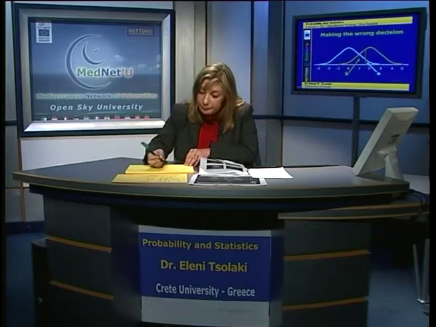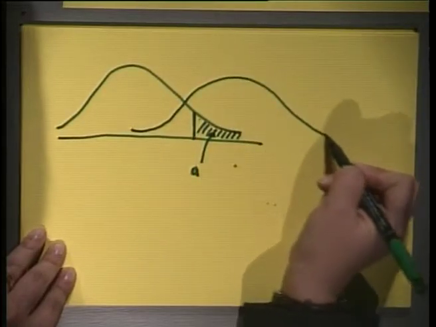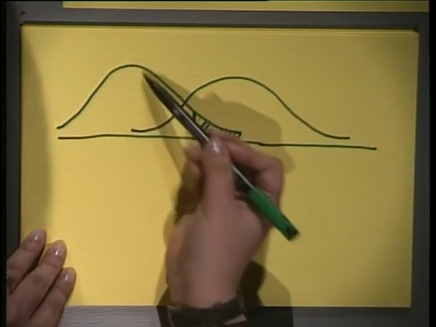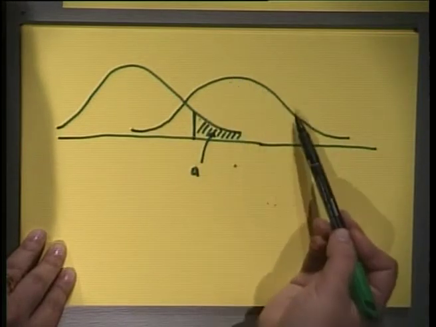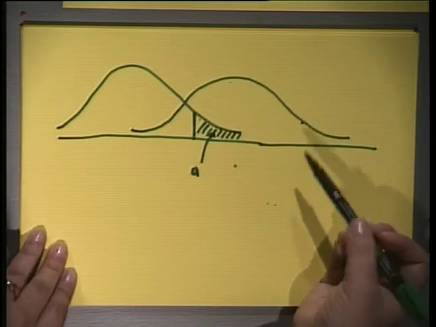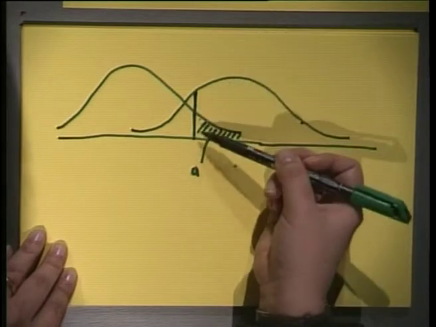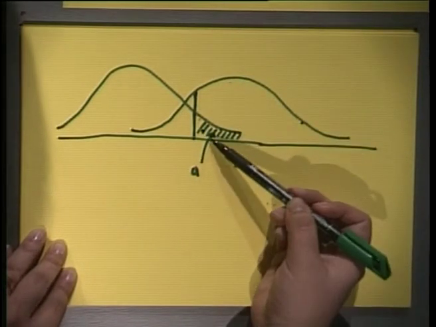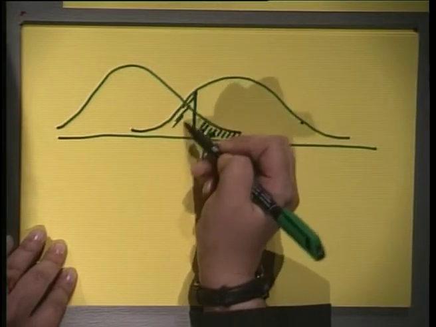But if the population does not come from a distribution like this, but comes from a distribution like this one, then what we have done is that we have actually failed to reject the null hypothesis in here. This is area b.